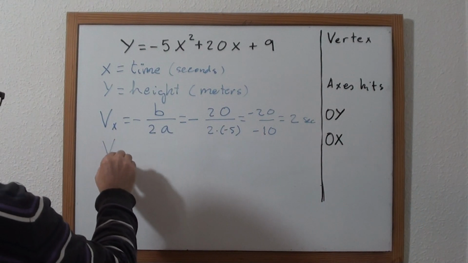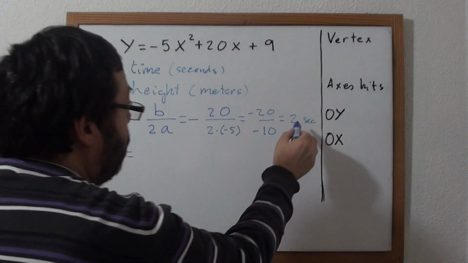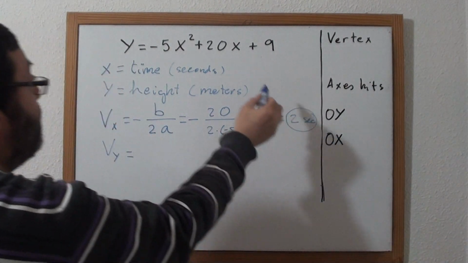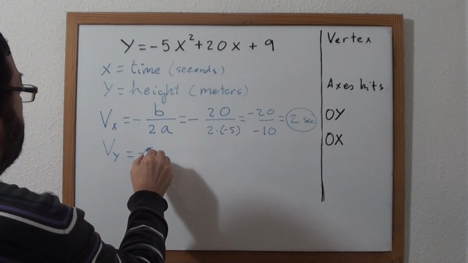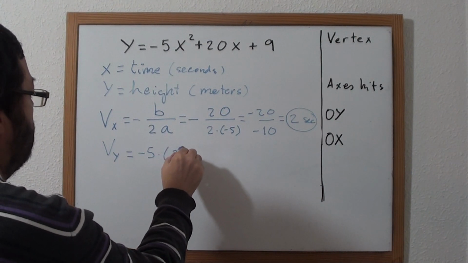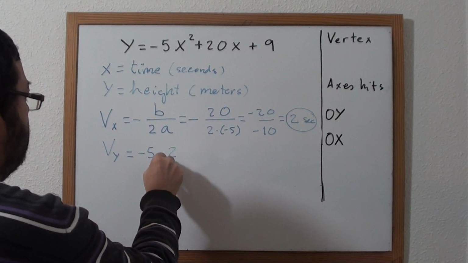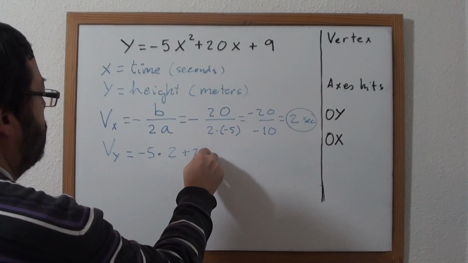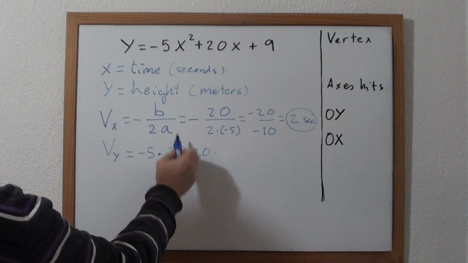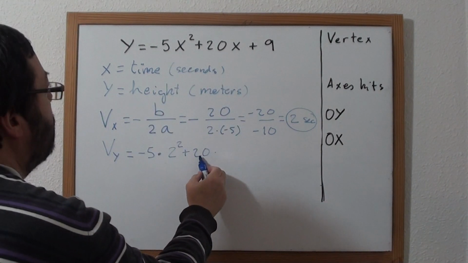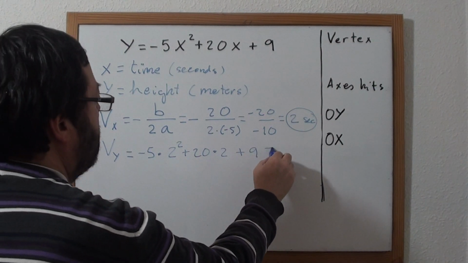And the y coordinate of the vertex, which will be the height, remember that once we get the x, we replace that number here and get the y. So -5 times 2 squared, plus 20 times 2 plus 9.